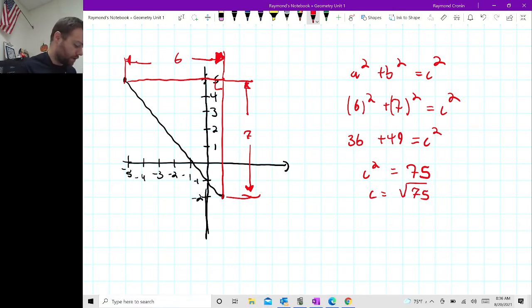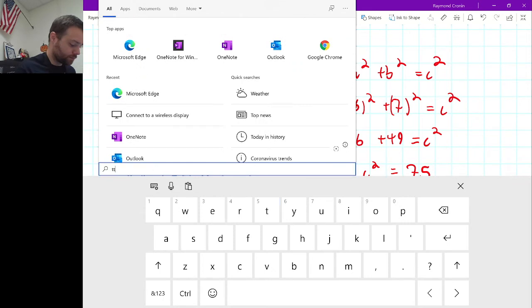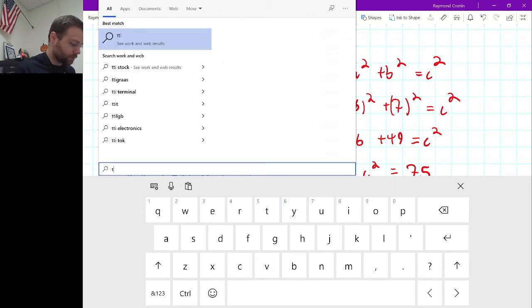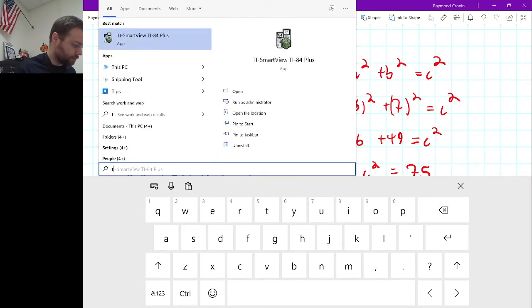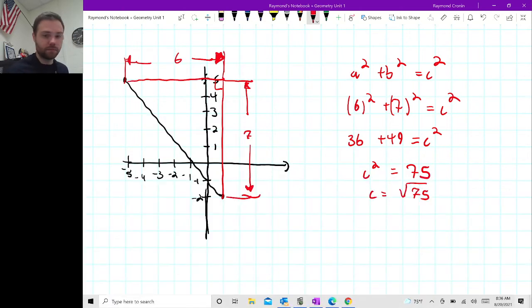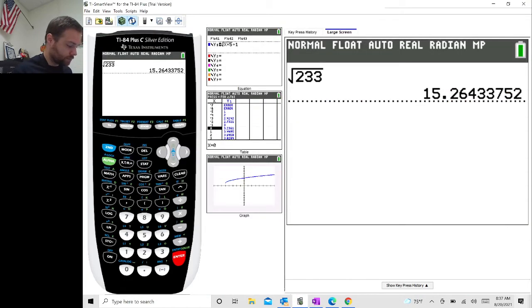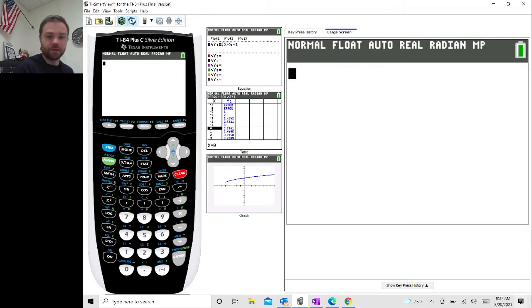And then if I use the calculator, all I have to do is type in second square root 75.